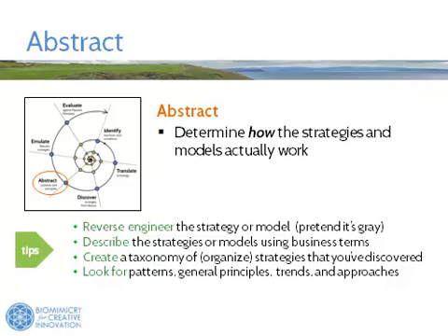And again, once you do that, you're going to look for patterns, general principles, trends, or overall approaches that are emerging. So when you go to that translate phase or reverse translate phase and you're abstracting out the essence or the process or the principle behind how this actually works, then things will start to emerge for you.